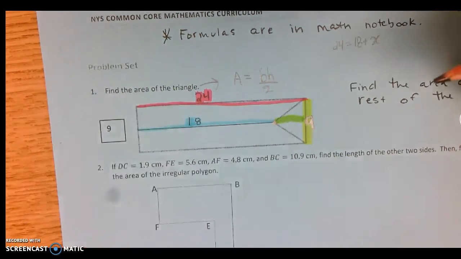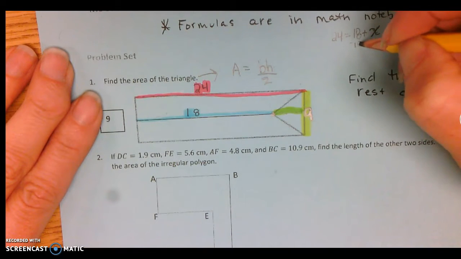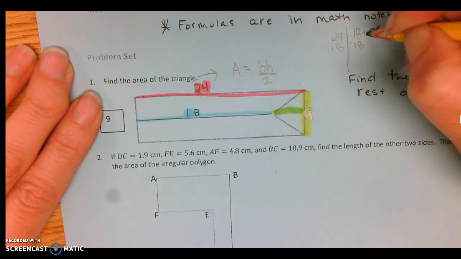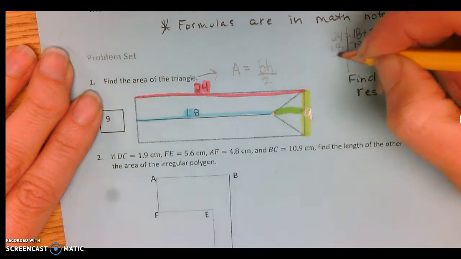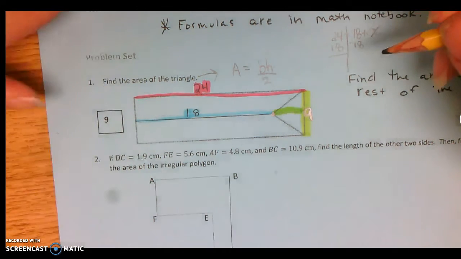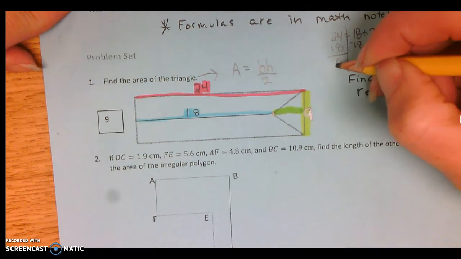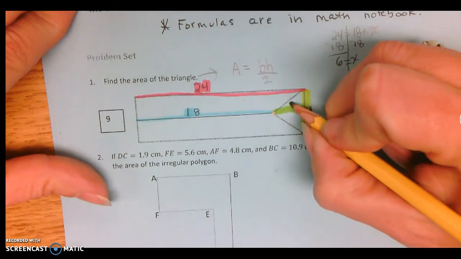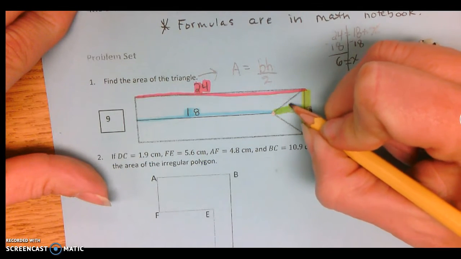There are lots of ways to solve that. I would do it algebraically. I would subtract 18 from both sides, because that's how I undo an added 18. I would use my calculator, because we can use calculators on this unit. 24 minus 18 is 6. So x is equal to 6, and my height here is 6.